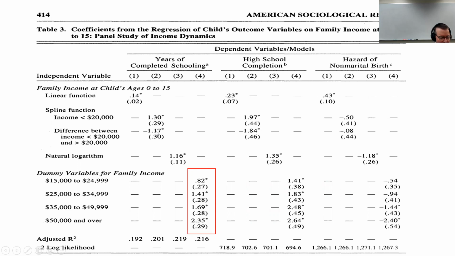And that once you get above 20,000, you gain only the difference here, which is 0.13 years of completed schooling per $10,000 of income.